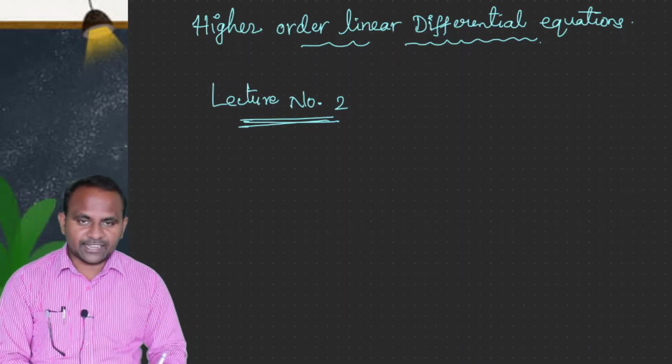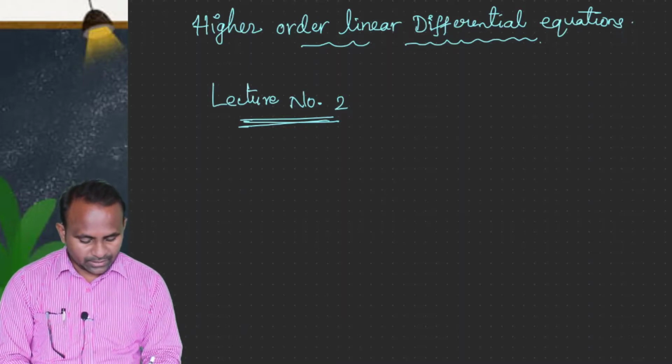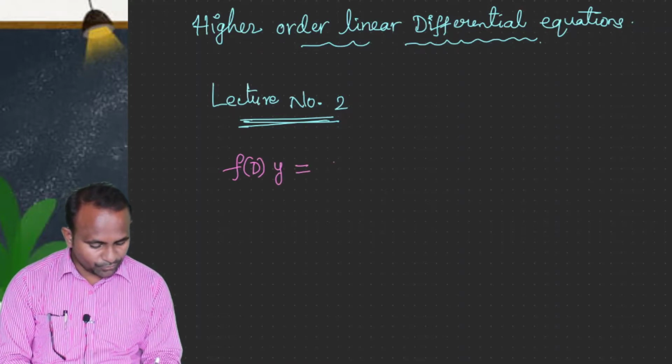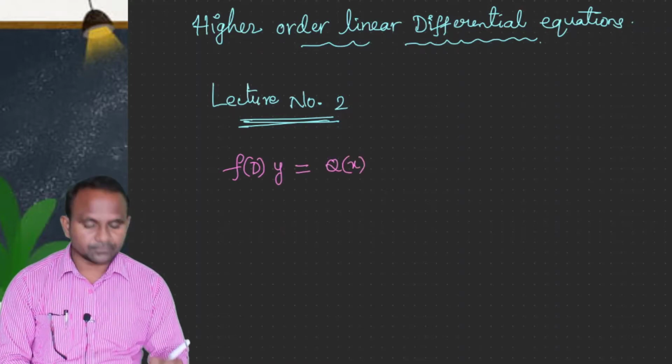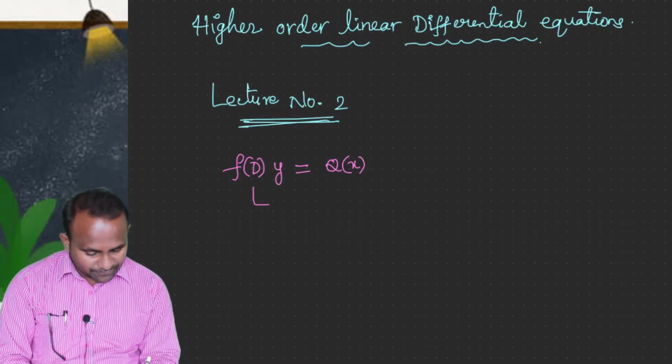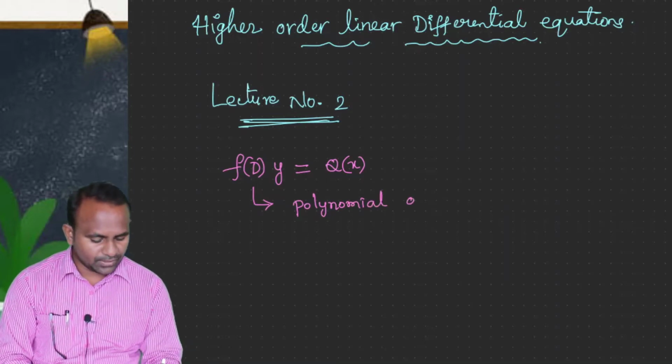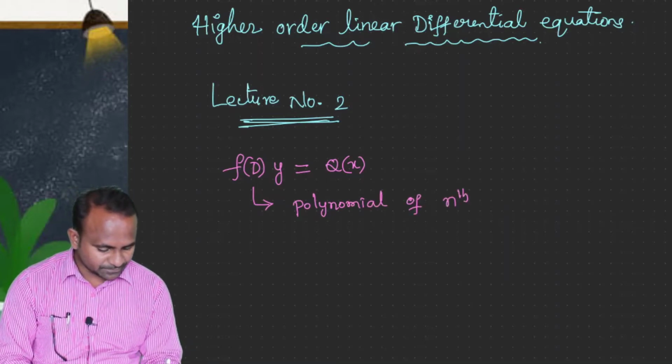Let me briefly tell you, a higher order linear differential equation with constant coefficients will look in this format: f of D of y is equal to Q of x. Here f of D is a polynomial of nth degree.